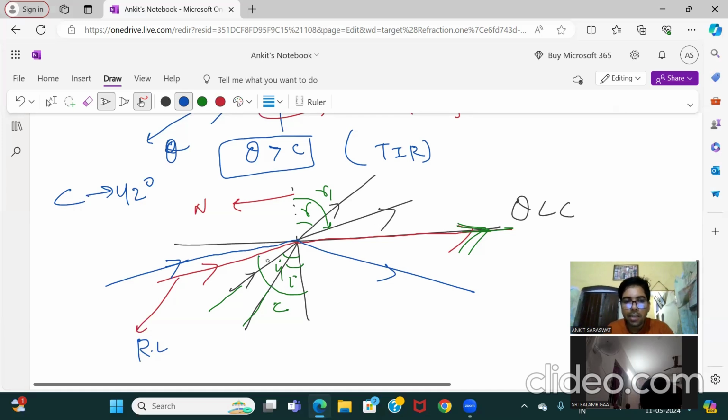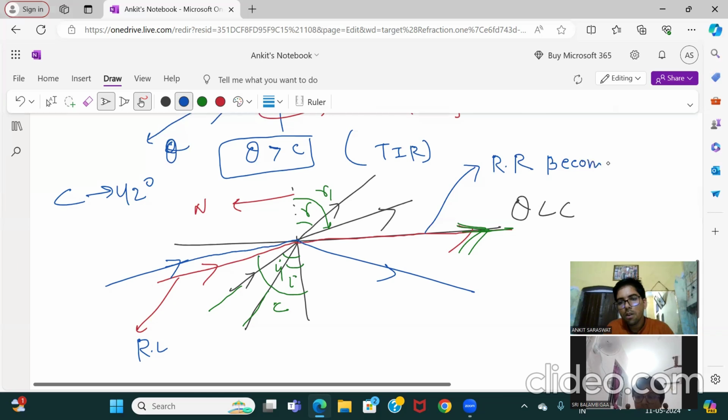But at the critical angle, see this incident ray. At the critical angle, our refracted ray becomes parallel to the boundary or refracting surface.